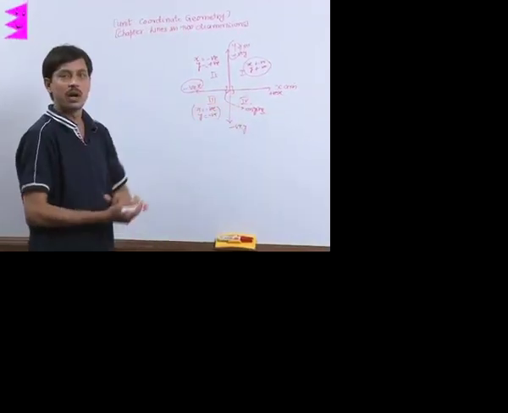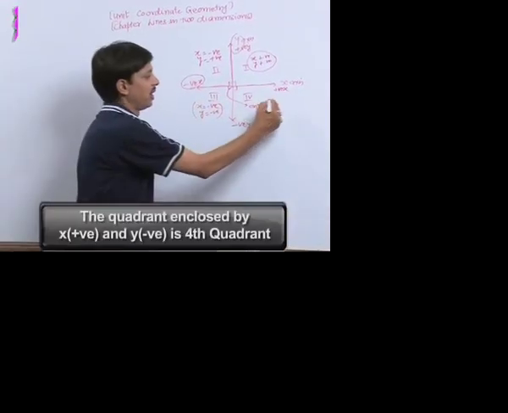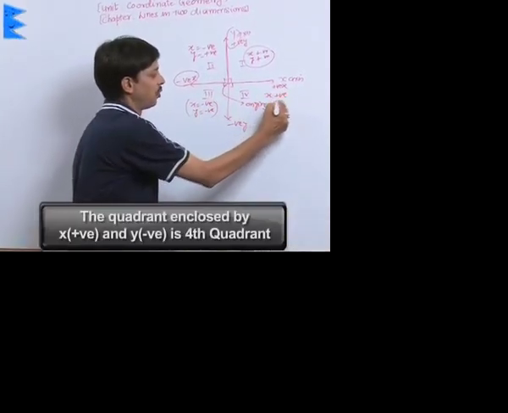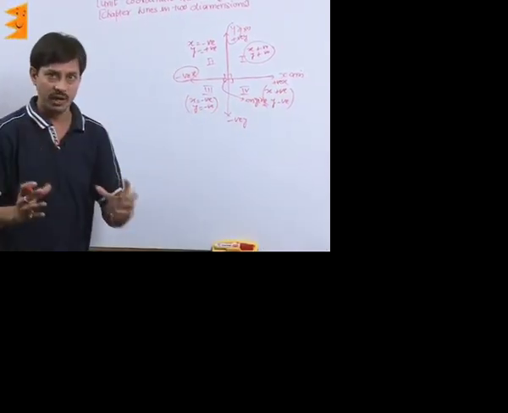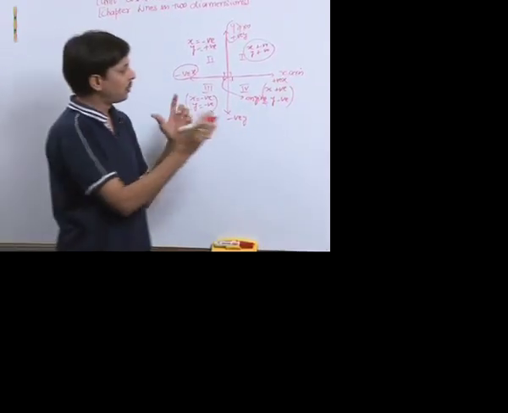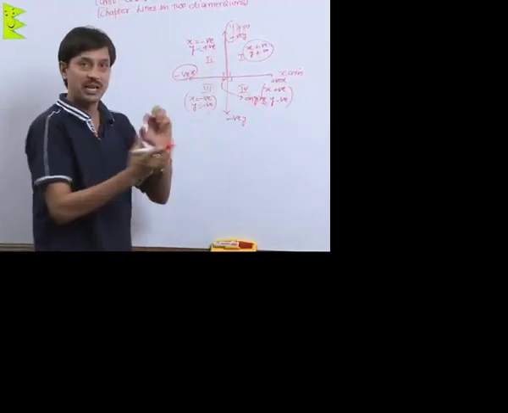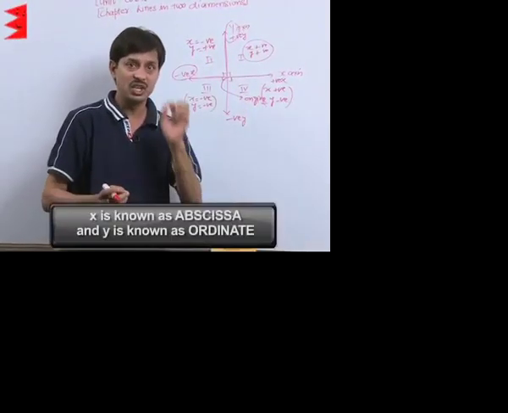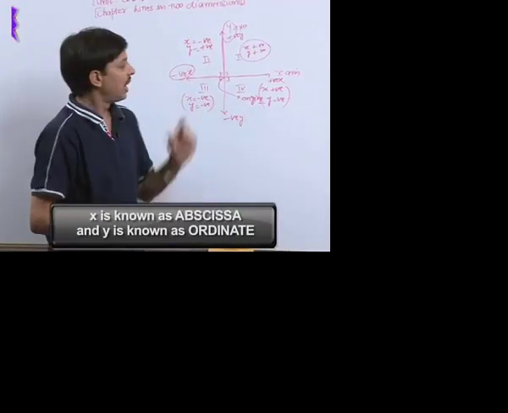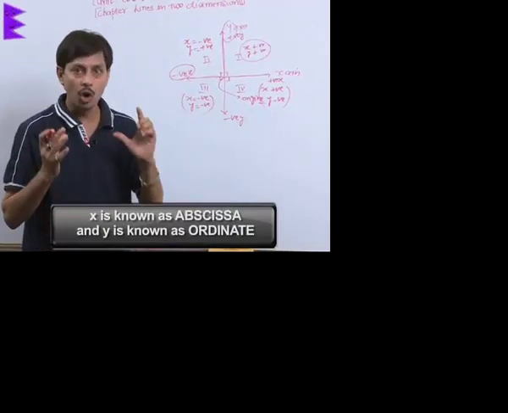And in the fourth quadrant, x is positive whereas y is negative. In coordinate geometry, names are given to these two special x and y values. X is known as abscissa and y is known as ordinate.